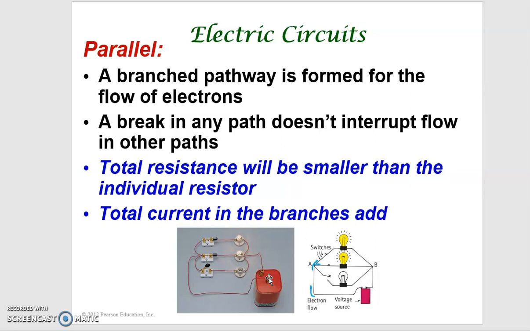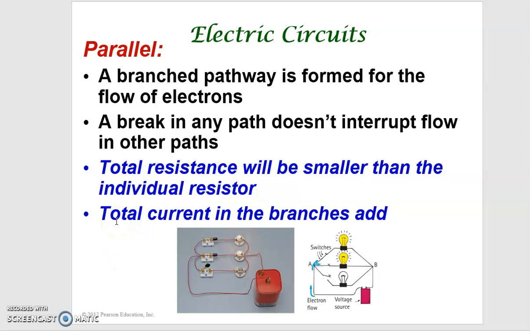How about the properties of the voltage, current, and resistance? First, if you sum the 3 resistances together in a parallel circuit, the total resistance will become smaller, and also smaller than the individual resistors.